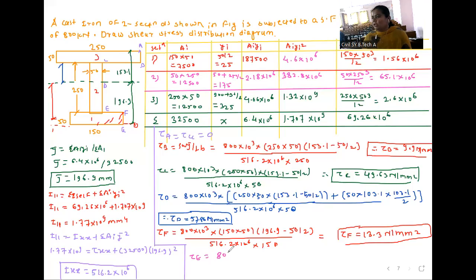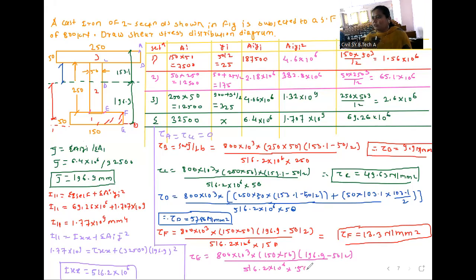So 800 into 10 raised to 3 into 150 into 50 into 196.9 minus 50 by 2, then divided by 516.2 into 10 raised to 6 into, instead of this 150, the width at E point is 50.